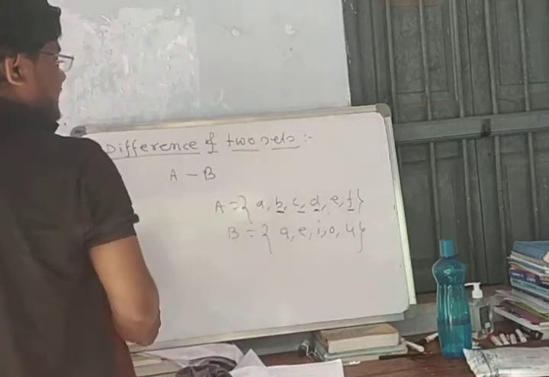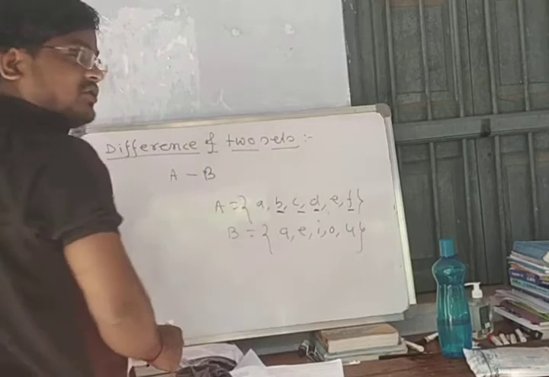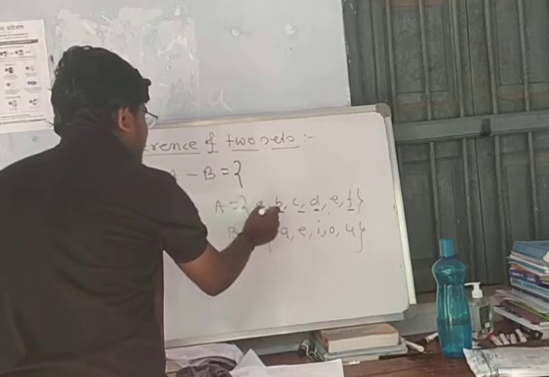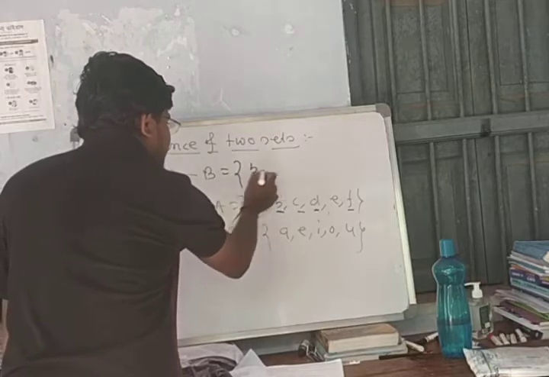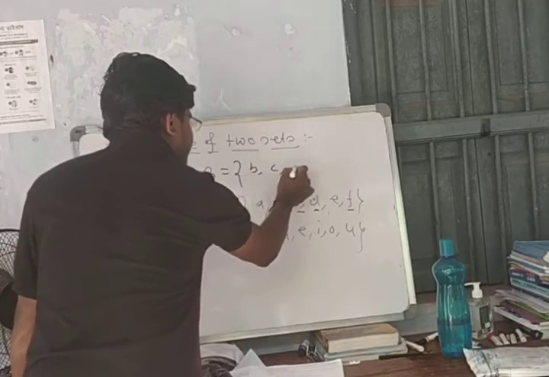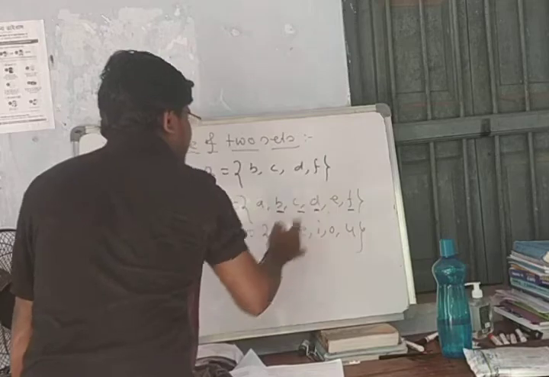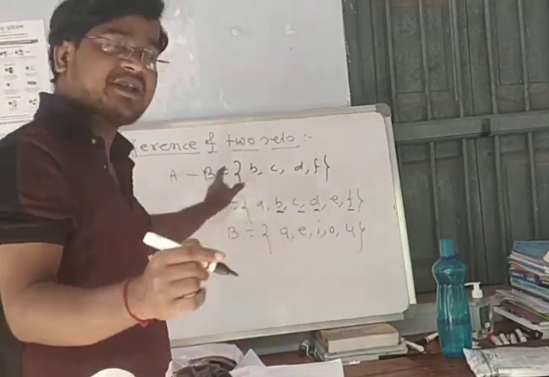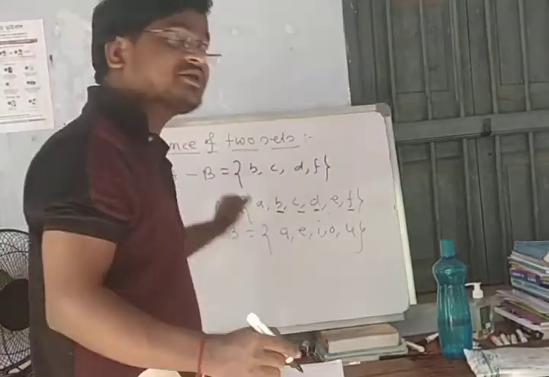These are the elements which belong to A but do not belong to B. Therefore, in place of A minus B, we can write the set of these elements b, c, d and f. This is the difference between A and B, which can be written as A minus B.